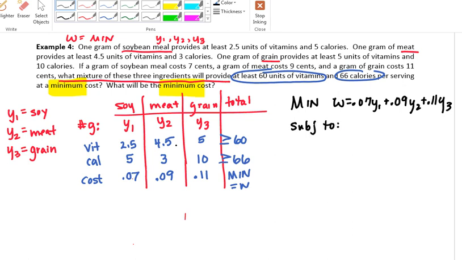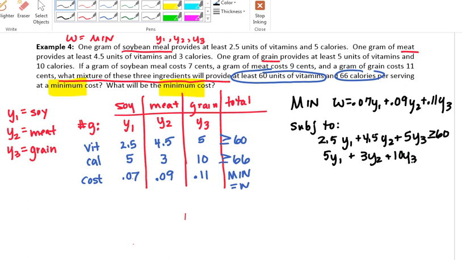My first constraint is 2.5 y1 plus 4.5 y2 plus 5 y3 greater than or equal to 60. My second constraint is 5 y1 plus 3 y2 plus 10 y3 greater than or equal to 66.